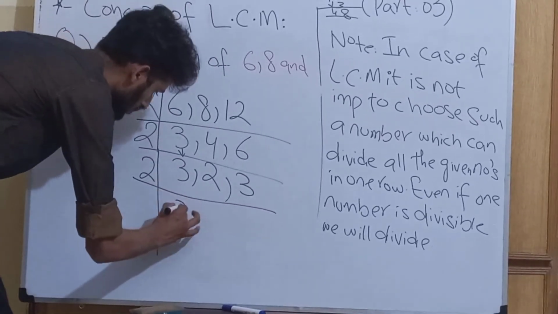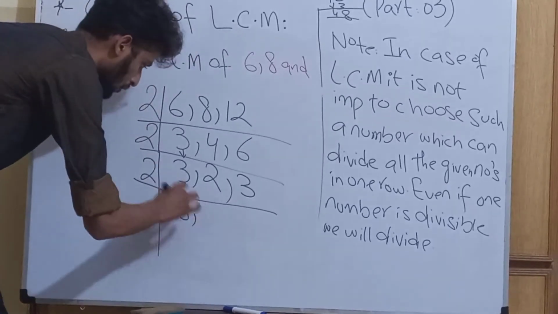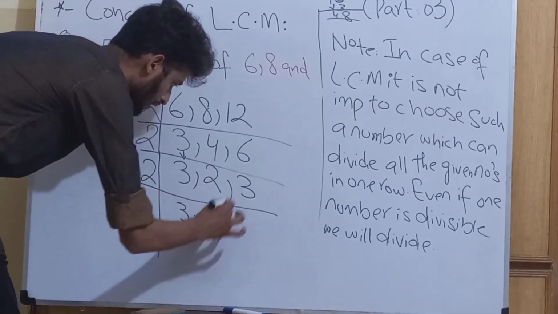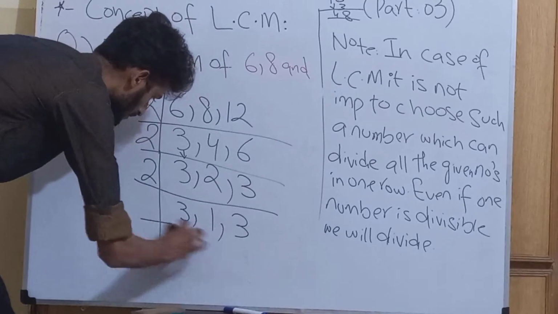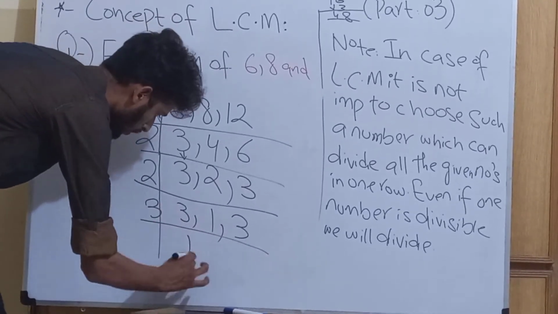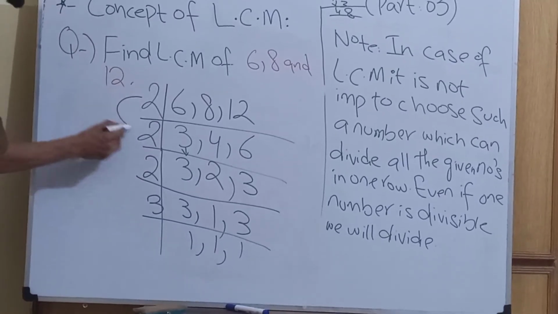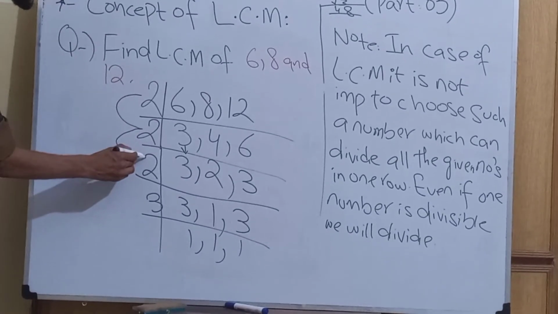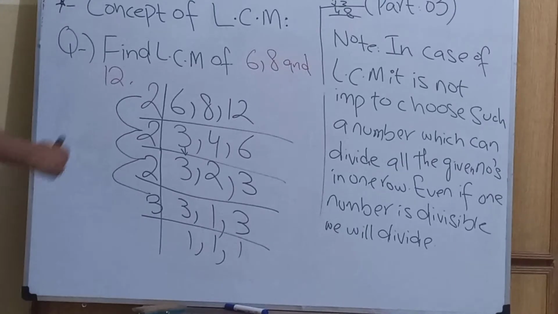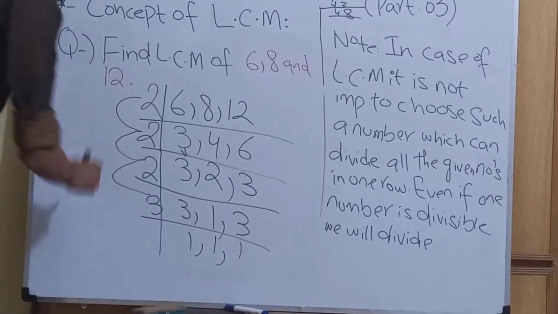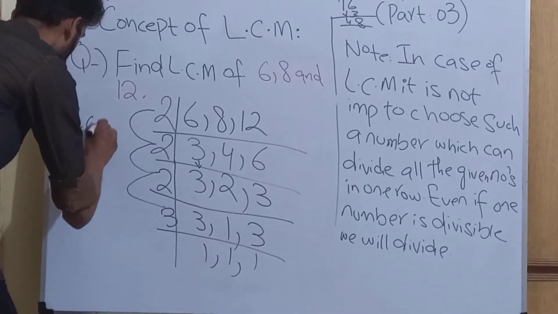Again 2. 3 is not divisible, I am copying 3 down. 2 is divisible, 1, and 3 is not divisible. Now 3, 1 comma 1 comma 1. Our LCM will be 2 multiplied by 2, 4, 4 multiplied by 2, 8, 8 multiplied by 3, 24. So our LCM is 24.